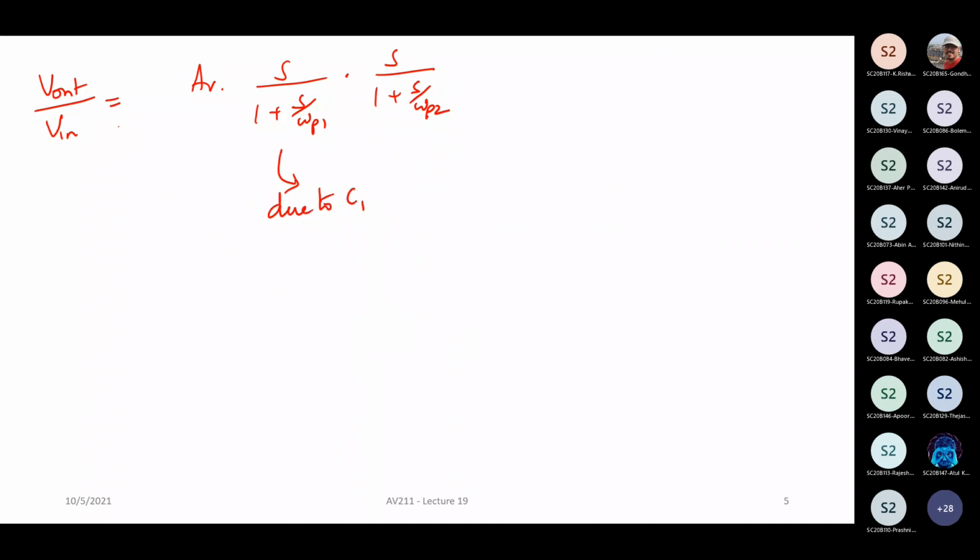If you look at the actual transfer function, it is S R1 C1 over 1 plus S R in C1, right? So your omega P is basically 1 by R in C1, and therefore you can write it as S by omega P1 divided by 1 plus S by omega P1.